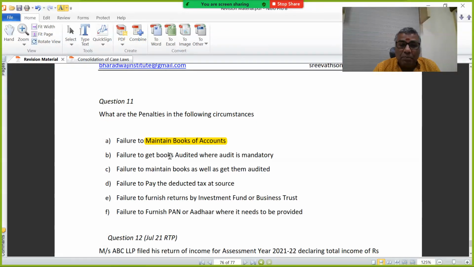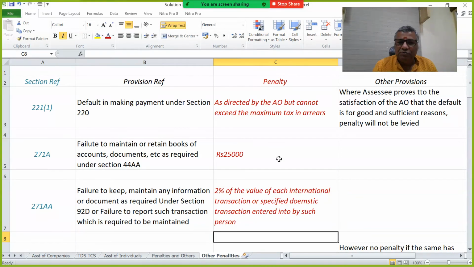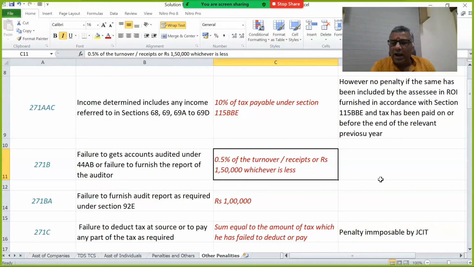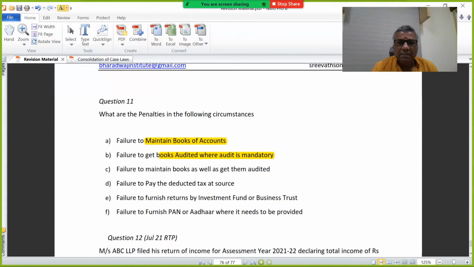Failure to get the books audited where audit is mandatory: 1,50,000 or 0.5% of the turnover, whichever is less.